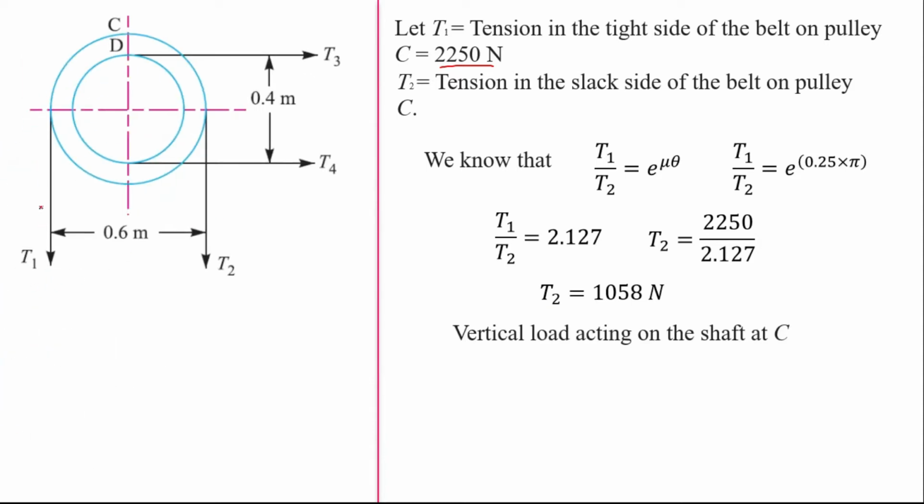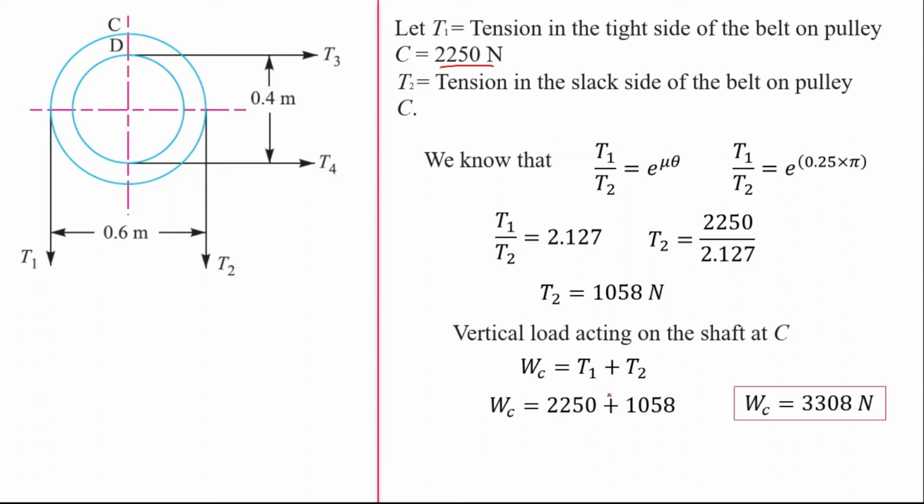Now as we calculated this T1 and T2, these two are acting in downward direction. So if you want to calculate the total vertical load acting at this point C in downward direction, we have to add T1 and T2. So total load acting in downward direction at C is equal to T1 plus T2, and we will get the total downward load on pulley C as 3308 Newton.